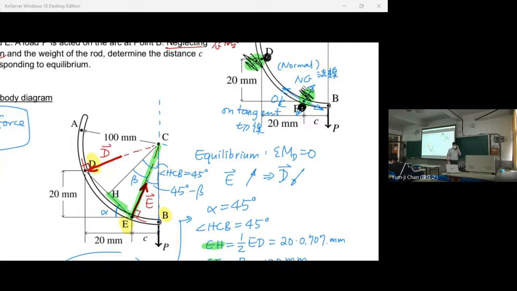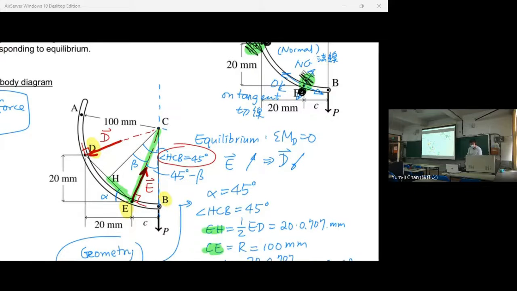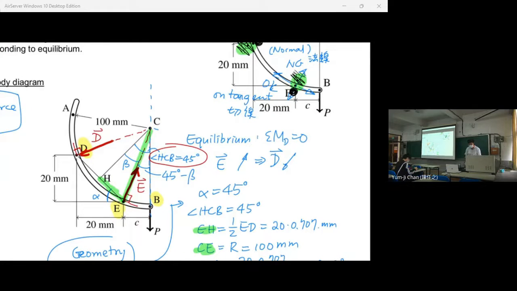The second problem is why is this force equal to 45 degrees? Now I think it is okay to say that alpha is equal to 45 degrees, right? It is okay to say alpha is equal to 45 degrees.